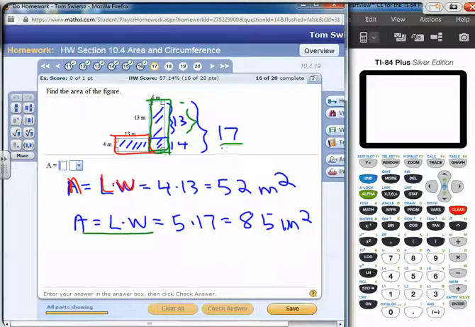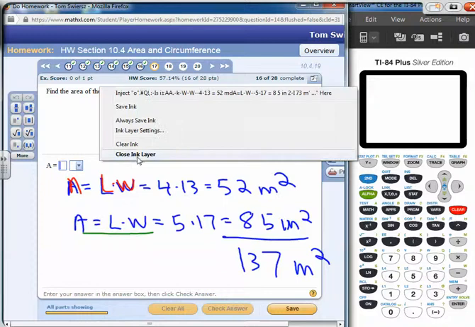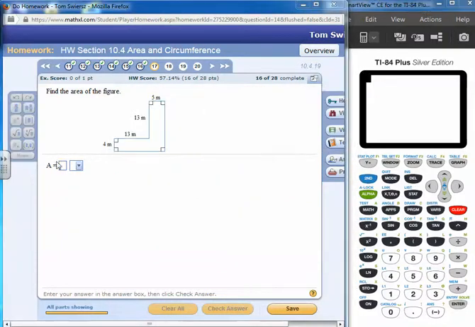So that gave us a total of 17. Okay, so then the total area, we add them together, and we get 137 square meters, when we add the 52 square meters and the 85. So break it up into two rectangles and then add them together. 137 square meters.